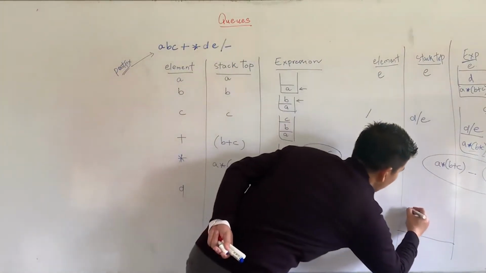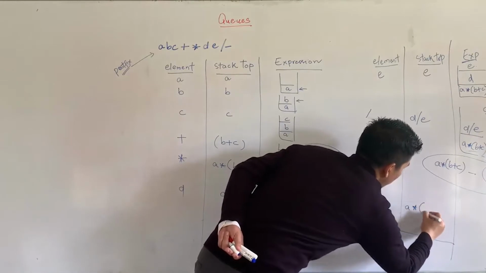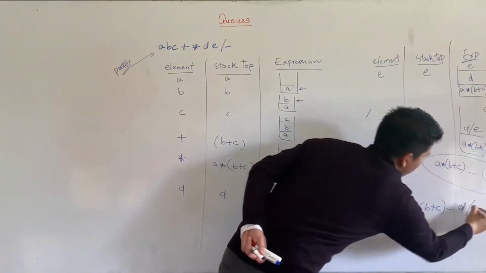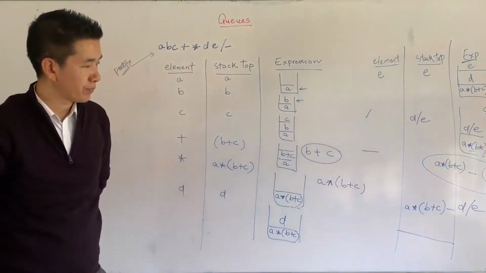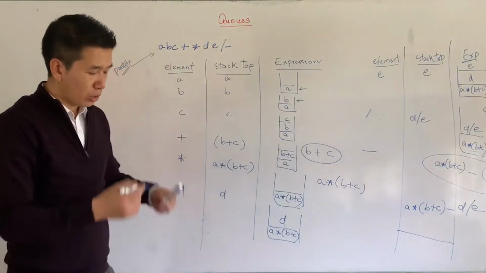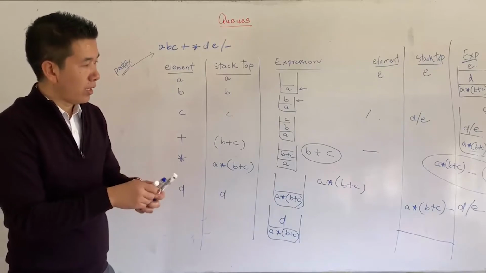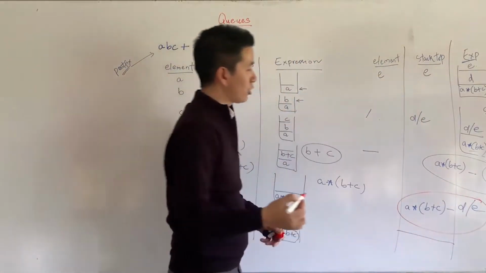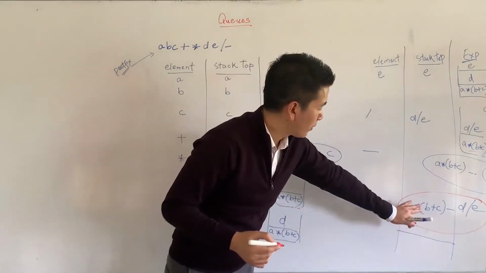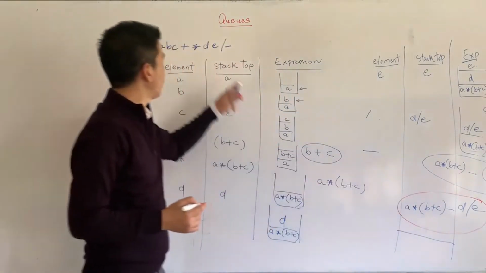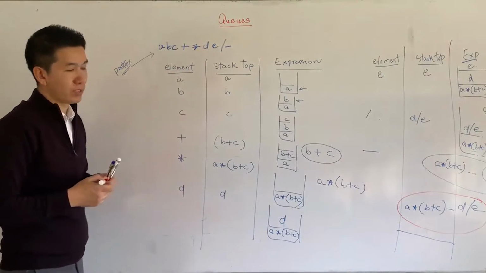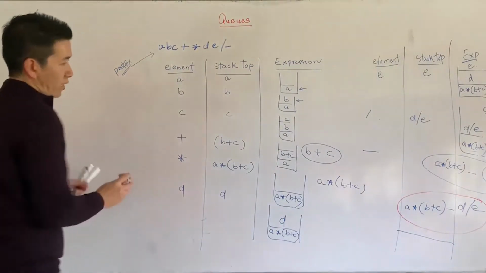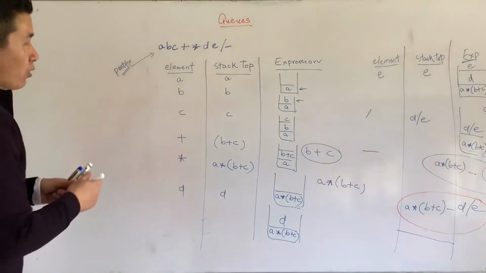So it will be like A multiplied by B plus C minus D divided by E. So this is the resultant, the equivalent infix expression of the original postfix. So we'll just try to have it converted back, and then we'll check if it comes out.